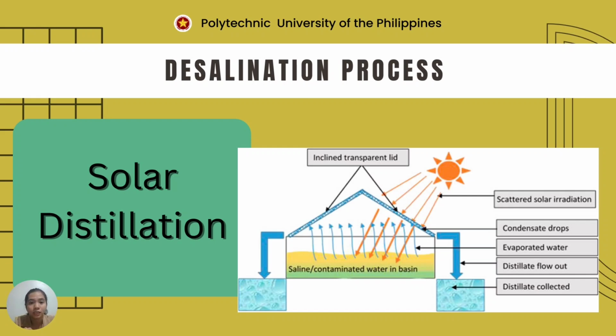Here, as you can see, there is an inclined transparent lid where the sun passes through. This is the water, and this is the sun. The sun's heat acts on the water, so the dirty or contaminated water remains down there.